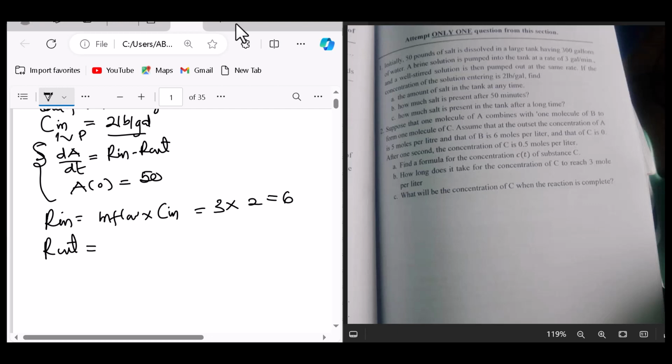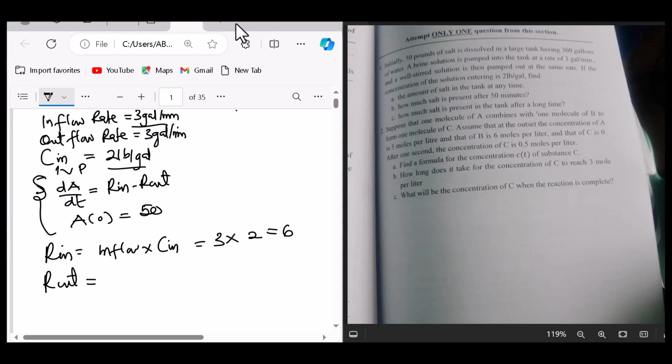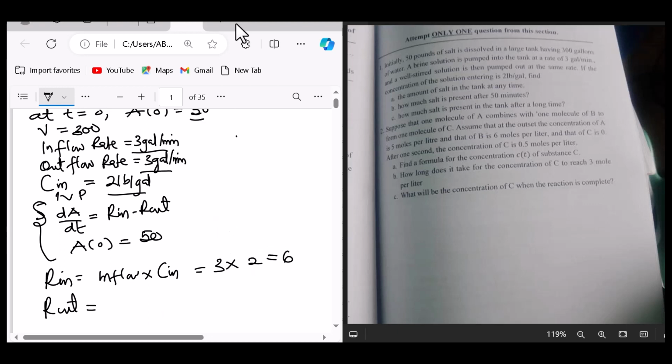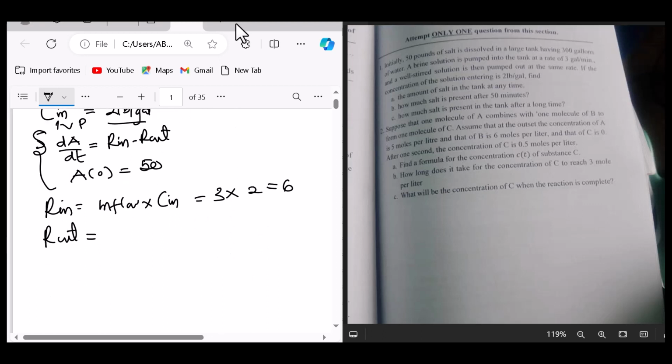Now R out, we don't know what it is. We know the outflow, because the outflow is 3, so the outflow times C out is just 3 times C out. Now C out is equal to A over V plus the change in rate times t.